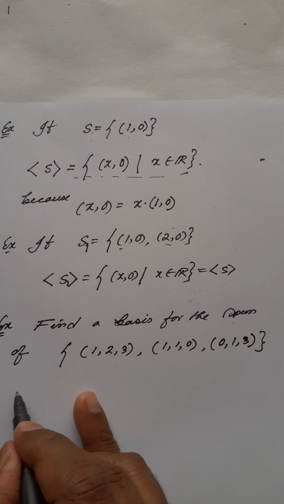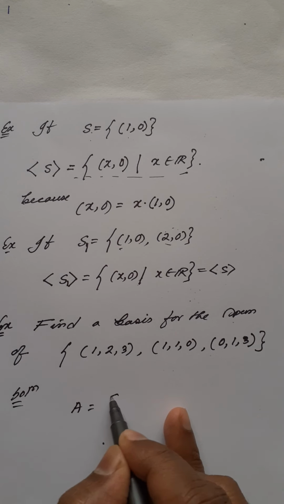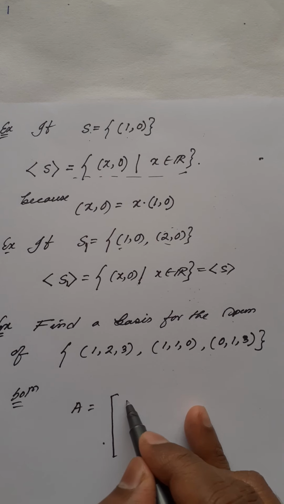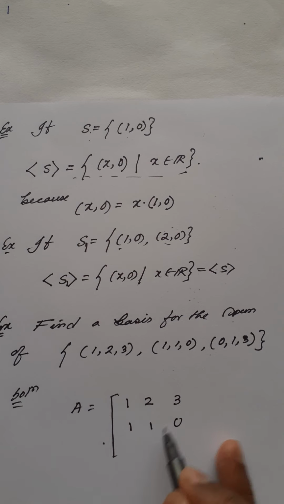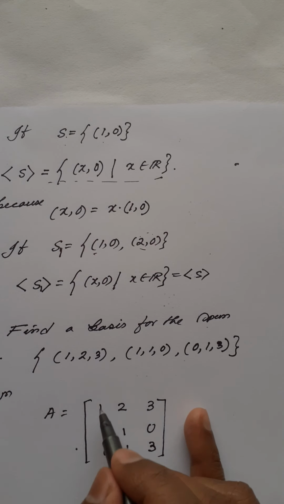Again, we write a matrix A with each of these vectors as one row: 1, 2, 3; 1, 1, 0; and 0, 1, 3. We reduce it to row echelon form by applying appropriate row operations.